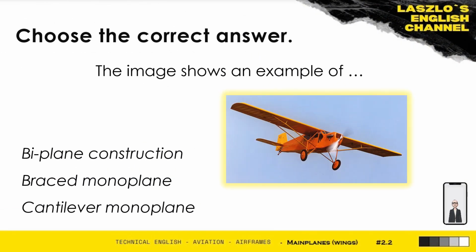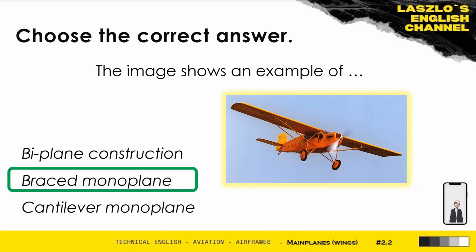All right, next up here, the image shows an example of biplane, braced monoplane or cantilever monoplane. This will be a braced monoplane. Hopefully you've all chosen that as the correct answer.